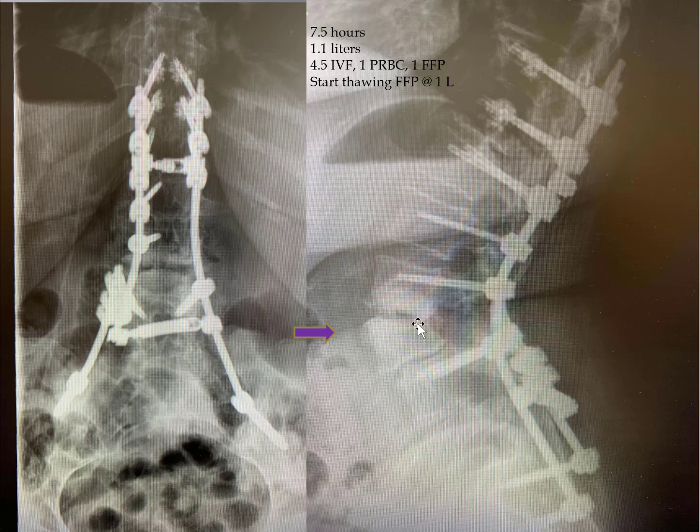And it usually takes 45 minutes to thaw the fresh frozen plasma. You have to call the blood bank, and there's a process involved. And it takes time. So I think that has to start at 1 liter, because by the time you get to 2 liters, it's going to be too late to get your fresh frozen plasma, and the patient can become coagulopathic and basically bleed to death. So I think this process has to be started when you're at 1 liter blood loss.